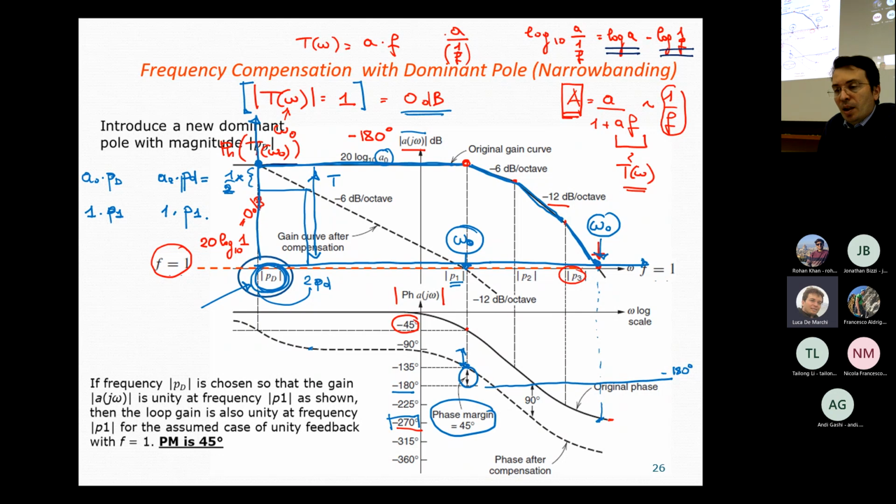So to set PD, we must comply with this relationship. This means that in practice, we must force PD to be equal to P1 divided by A null.